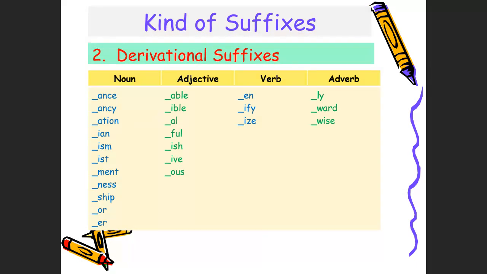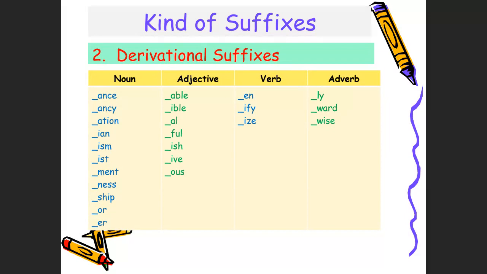Sigamos. Dice aquí, derivational suffixes. Derivational. With a noun, it's ion, tion, ation, ian, ism, ist, ment, ness, ship, or er.